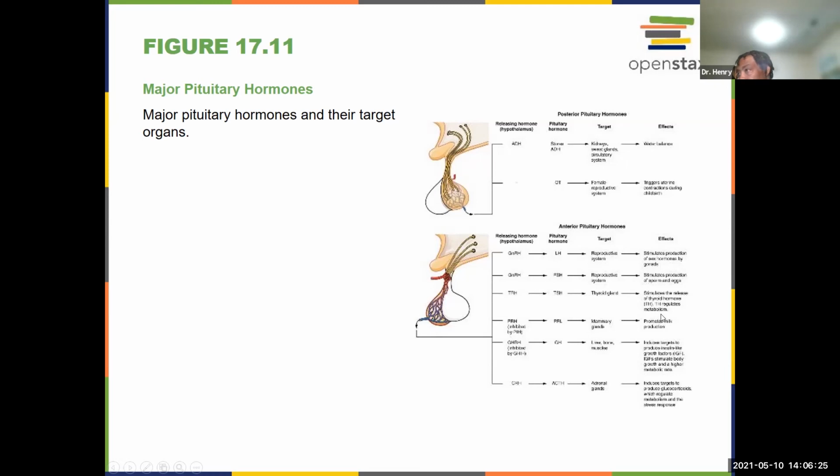And then that is going to stimulate the thyroid hormones T3 and T4, the ones that we mentioned earlier, thyroxine and, sorry, can't remember the other one.